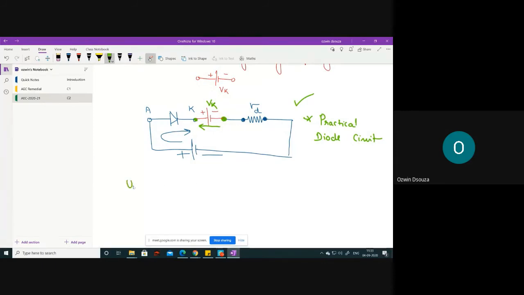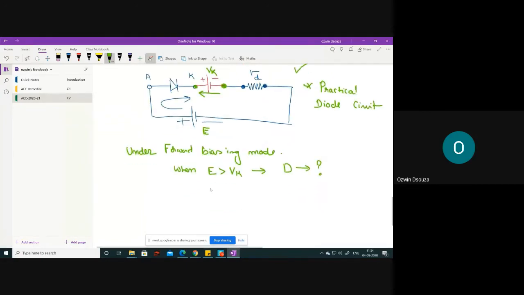So under conduction mode, or under forward bias mode, let's say E is greater than Vk, what happens to diode conduction?